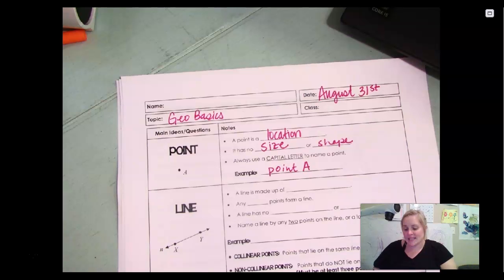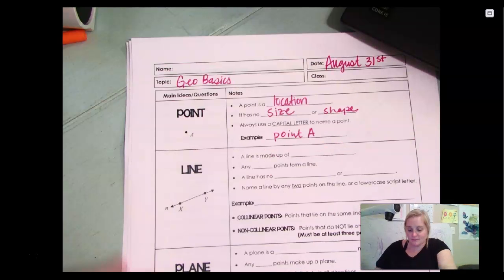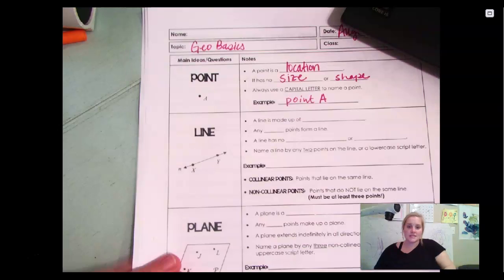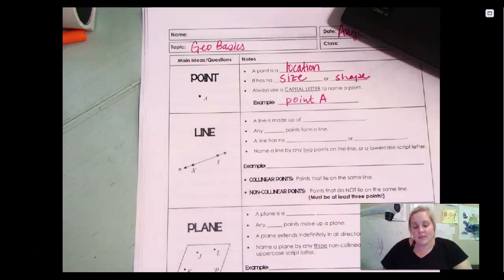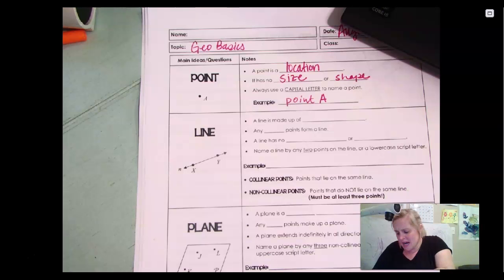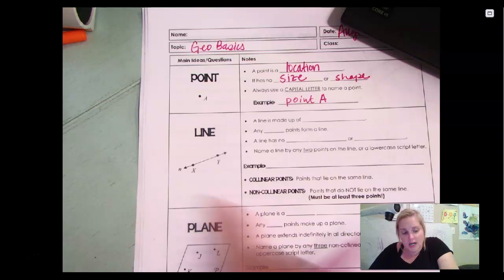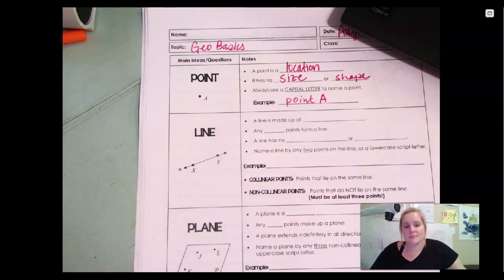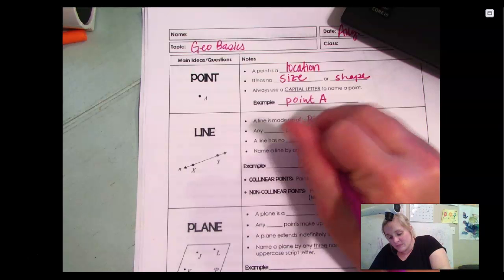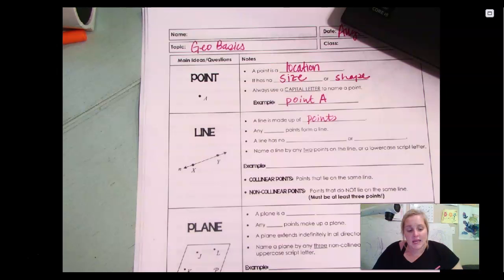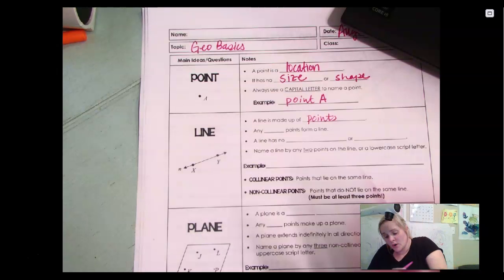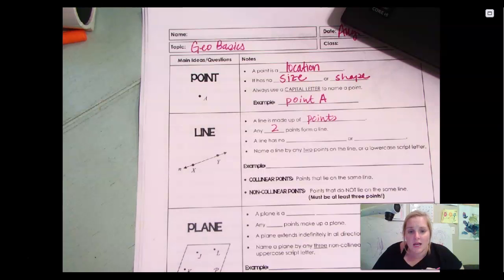Line. The next thing we're going to talk about is line. Again, we're used to seeing lines as something that we graphed with a linear equation, but a line could be anywhere, like that line that you're looking at here in our example. So a line is made up of points. Any 2 points form a line.